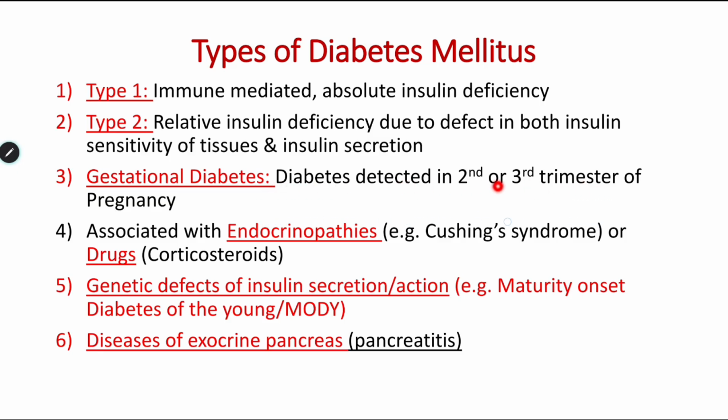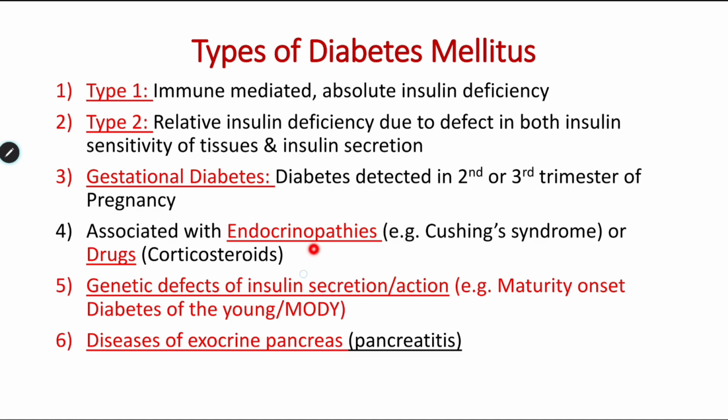Genetic defects of insulin secretion may cause diabetes, like maturity onset diabetes of the young. Exocrine pancreas diseases can cause diabetes because of destruction of pancreatic beta cells, like pancreatitis. And there can be many other causes of hyperglycemia, which is diabetes.